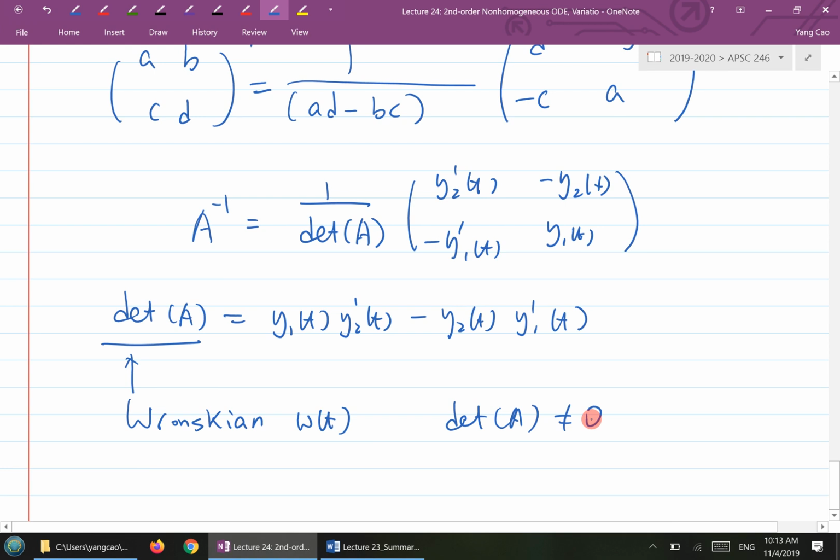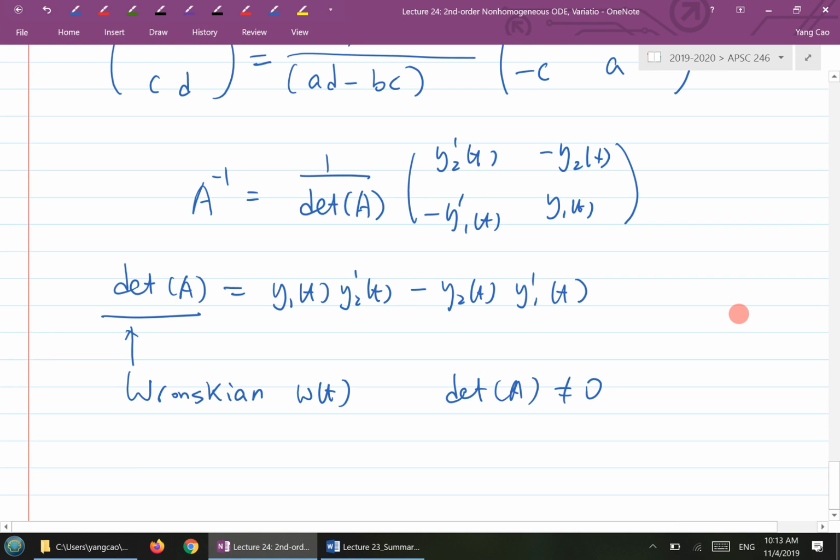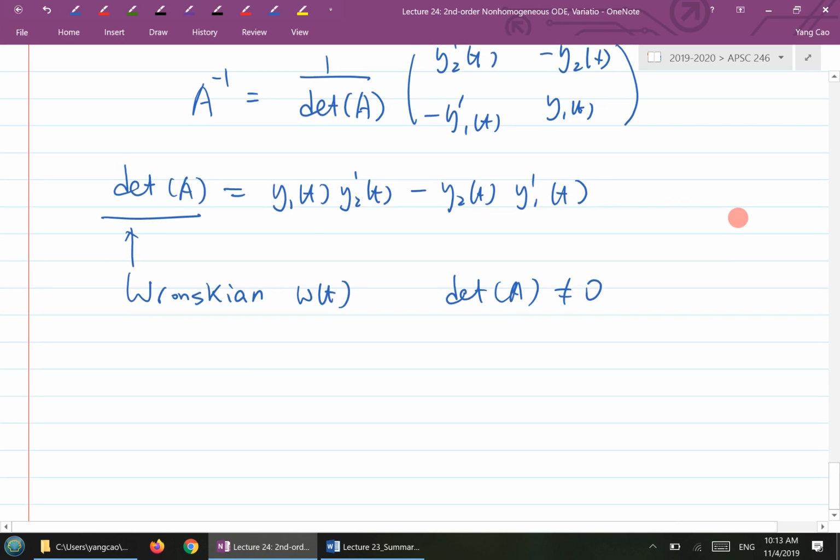If in your calculation you somehow got a 0, that probably tells you something is wrong with the calculation. Now once we get this, I can summarize to get a solution.